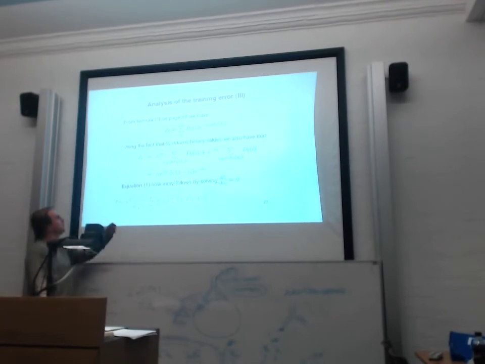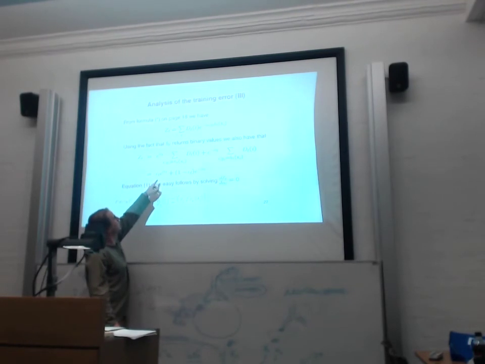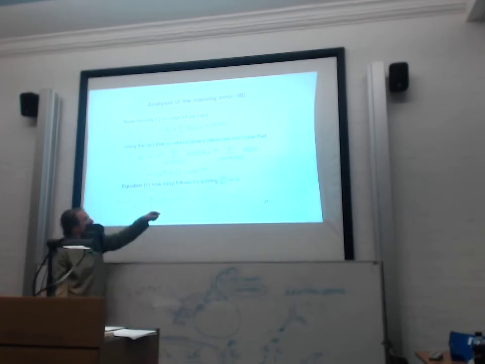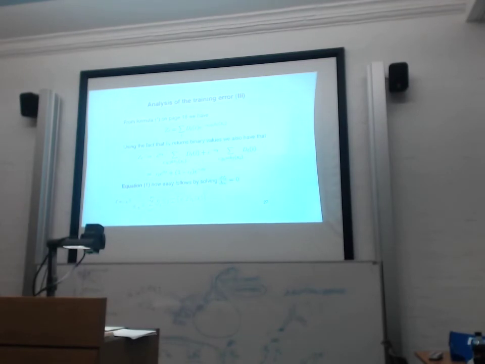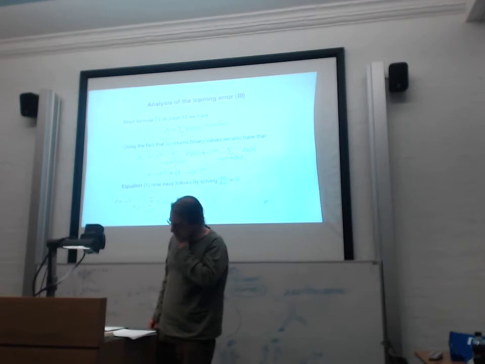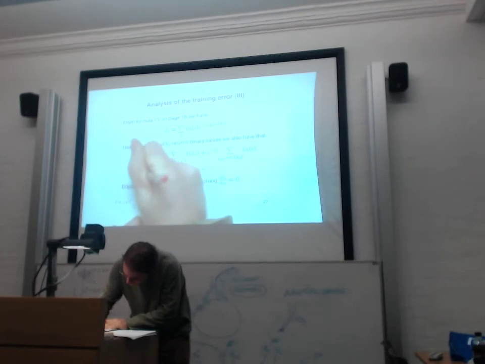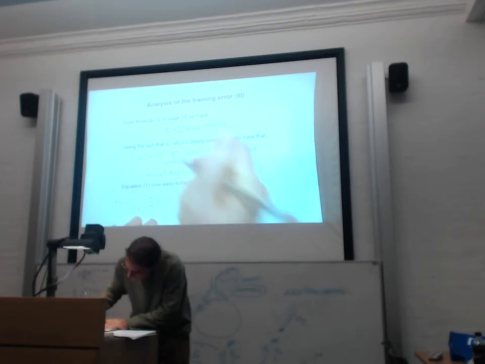So if we want to choose the value of alpha t which will minimize our upper bound on the classification error, we just need to differentiate Z_t with respect to alpha t.